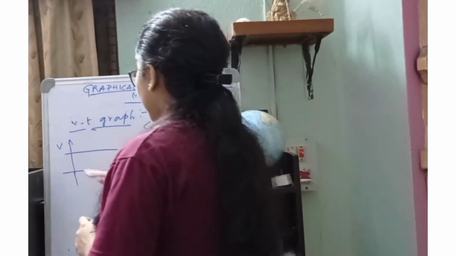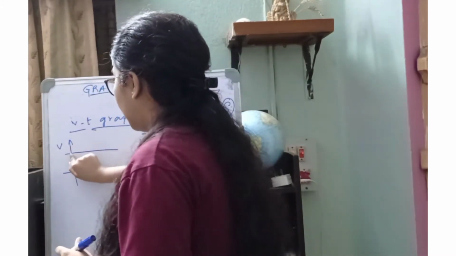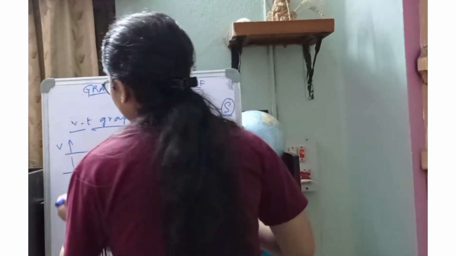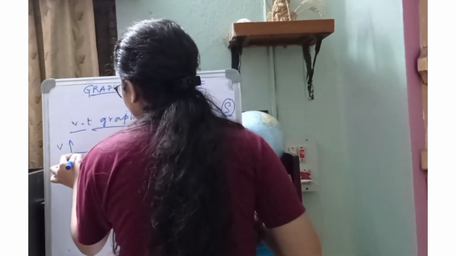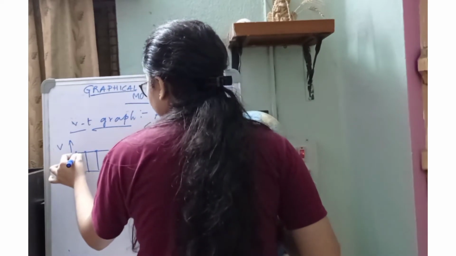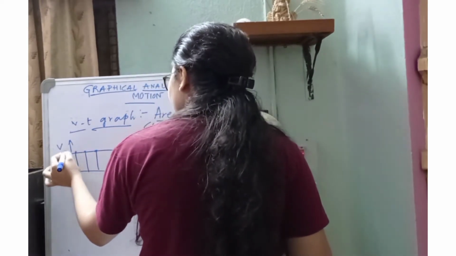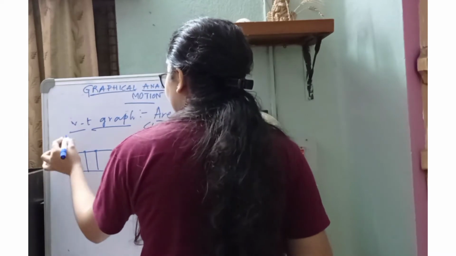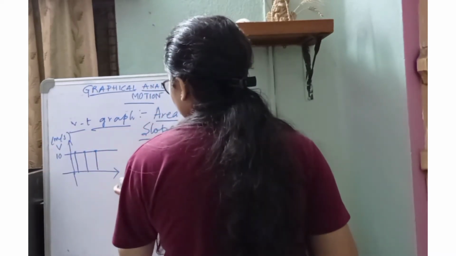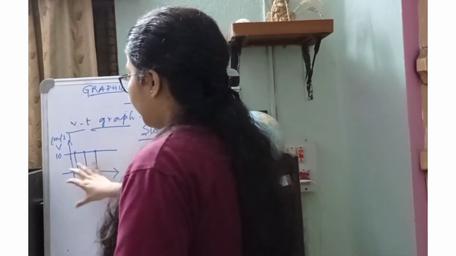Let's see this. The V value is totally constant. How constant? Even if the time is passing, at this point V is this value only. So for better reference, if I consider it to be 10, V in meter per second, and time in second, if I take the SI value.